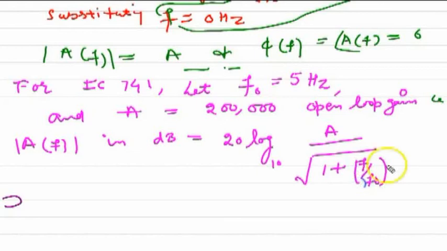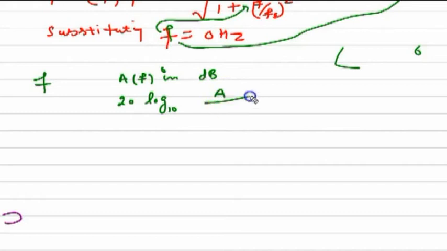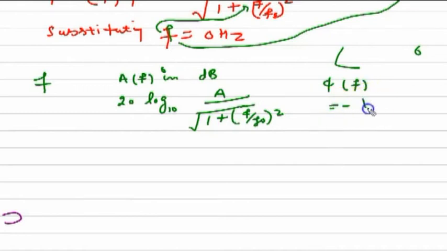So we make columns: frequency f, gain AF in decibel, and the phase angle, which is equal to minus tan inverse of f upon f naught, a function of frequency.